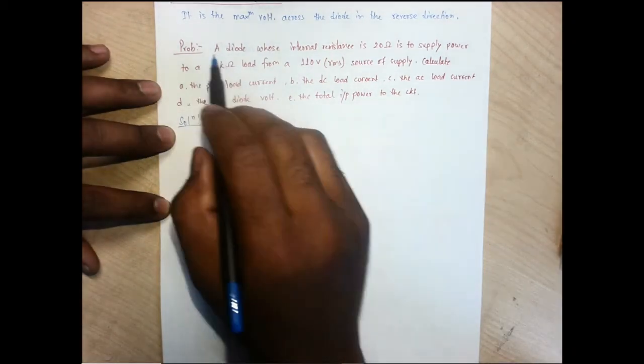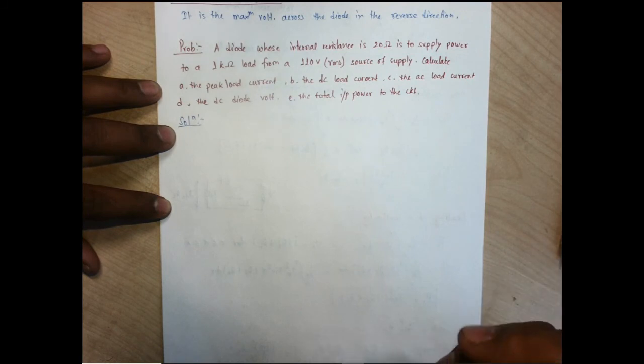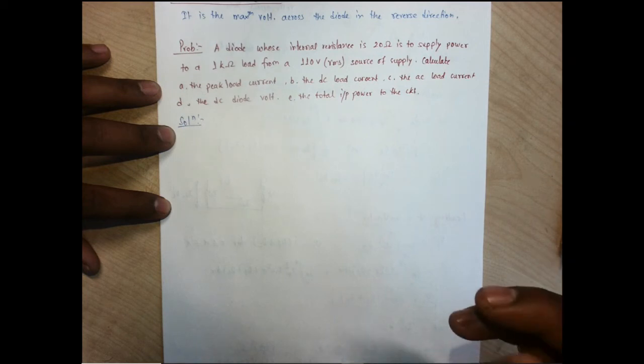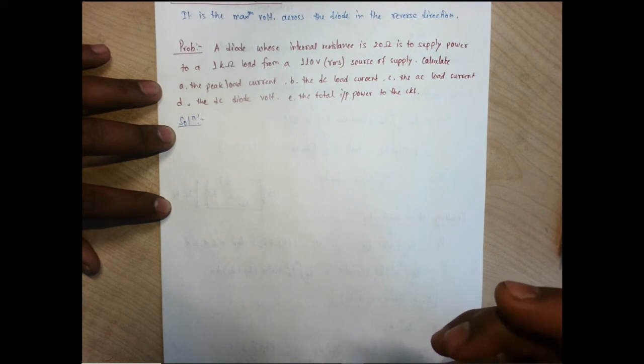They only mentioned a diode whose internal resistance. So whenever this kind of ambiguity is there, you simply try to find out the number of diodes mentioned. If a single diode is mentioned, then you simply think of the half wave rectifier.